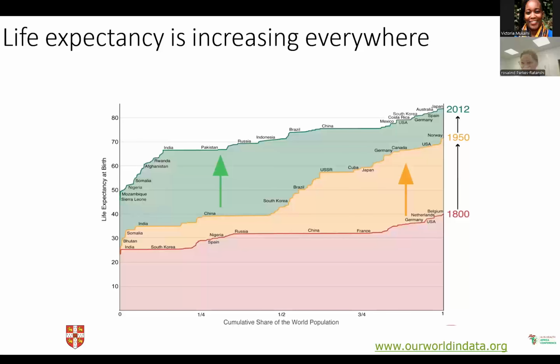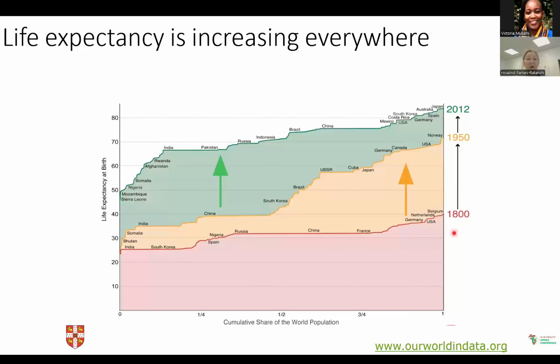So this graph is really talking about life expectancy over time. On the left-hand side, we've got these numbers, which is life expectancy at birth. Here is the life expectancy at birth, and along the bottom this is looking at the world's population, so this is the total population.